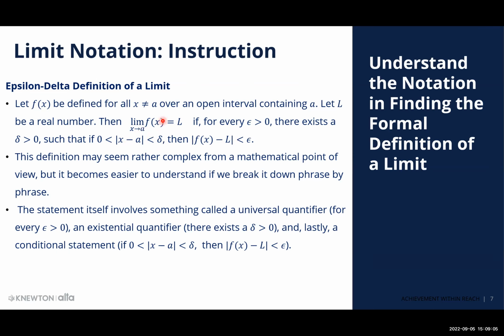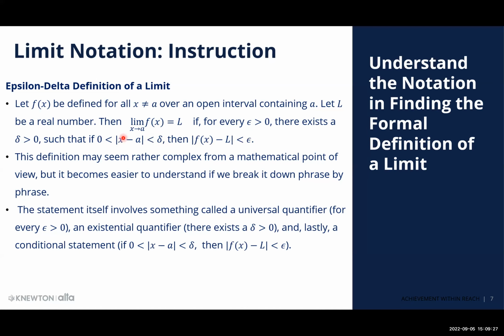So the arguments are really going to hinge on finding the appropriate delta and making an assumption about the delta that will then lead us to a conclusion about the function being less than epsilon.